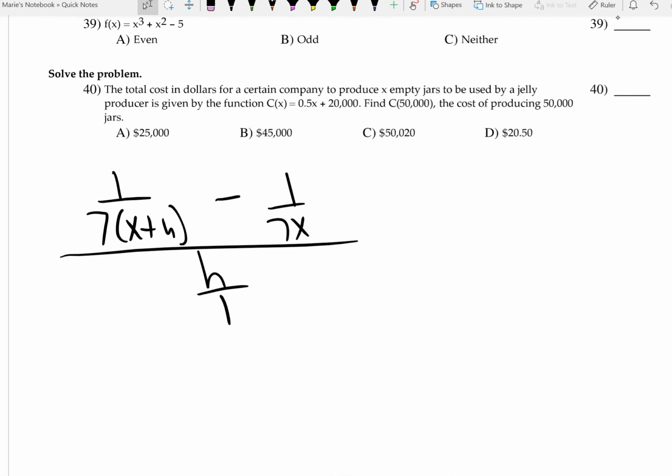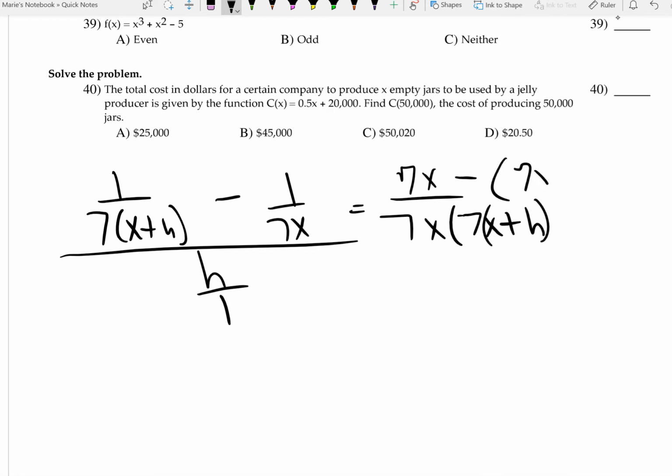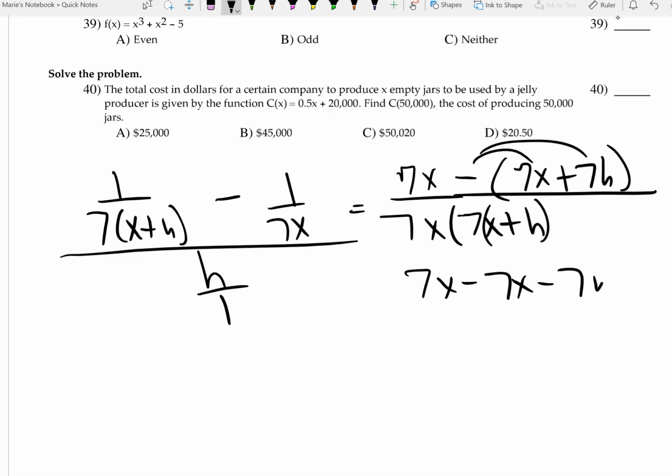So by rule of thumb, I need a common denominator, so I'll get 7x over 7x parentheses 7x plus h in parentheses minus my denominator 7x plus 7h. I'll go ahead and distribute it because it'll make it easy to see. When you distribute your negative, you get 7x minus 7h. All of this is over 7x parentheses 7 parentheses x plus h.